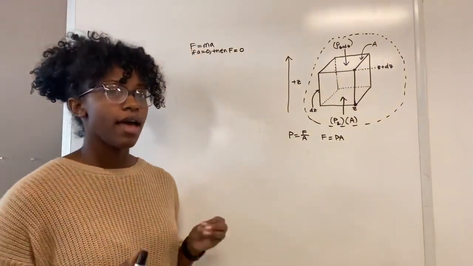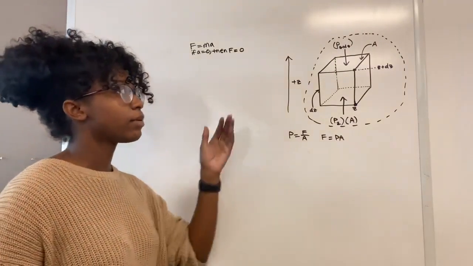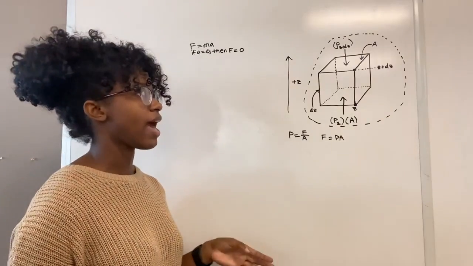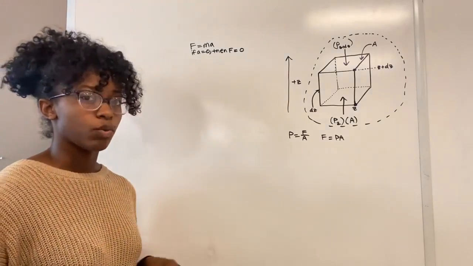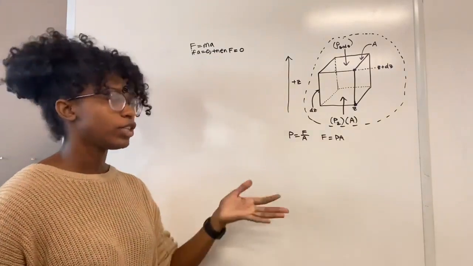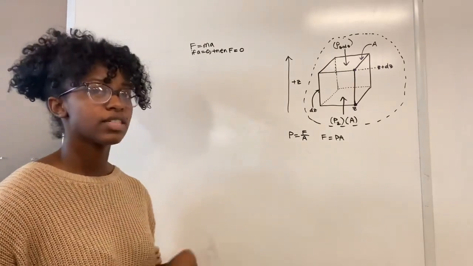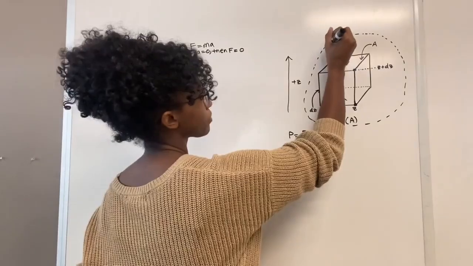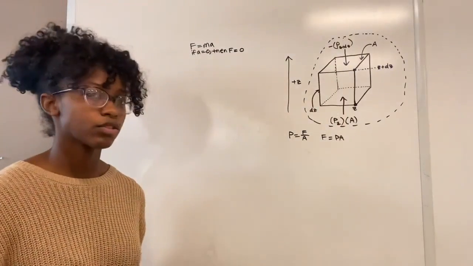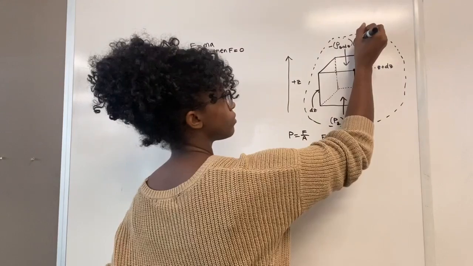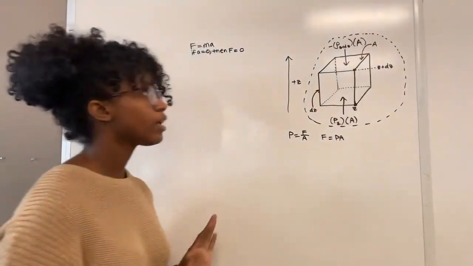And we also have to note that this pressure force is acting in the downward direction. And since we established that the upward direction was positive, then we know that this pressure force acting on the top surface is negative. And we also have to multiply that by the cross-sectional area as well.